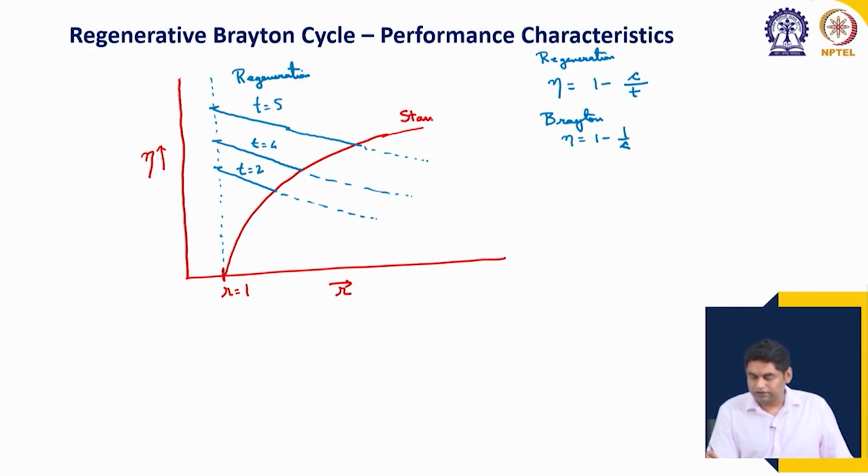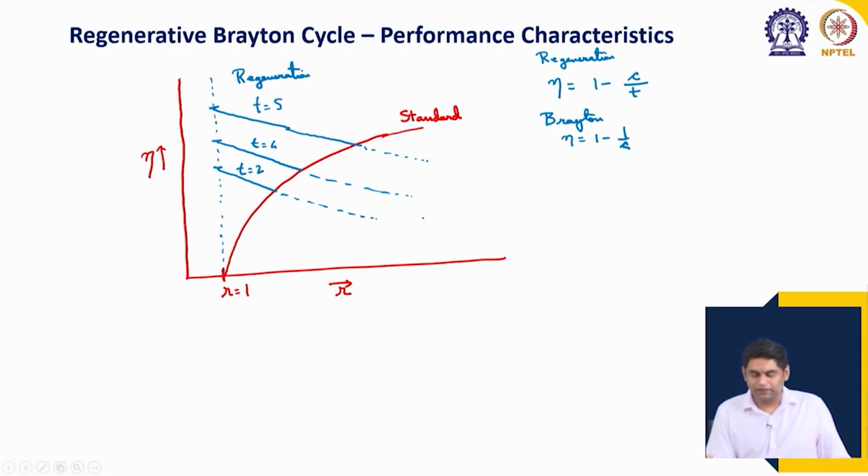So, I will end this class by suggesting that you think why this is the case, what is the reason that this keeps on decreasing, while for standard Brayton cycle the efficiency was increasing with increase in pressure ratio. Do not think in terms of the expressions, think in terms of physically what is changing.